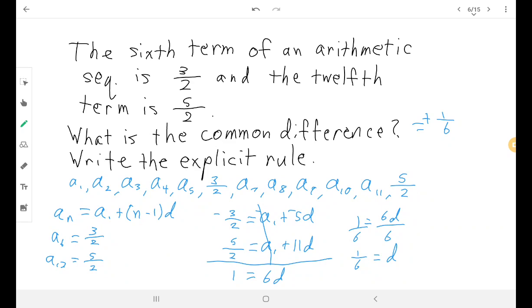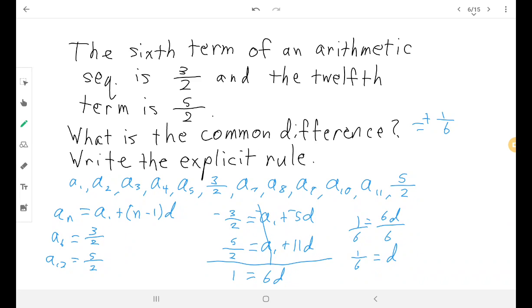Write the explicit rule. Well, that should be pretty easy now. The only thing that we don't have is A1, right?